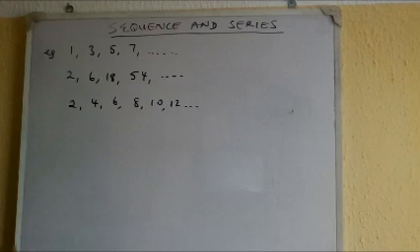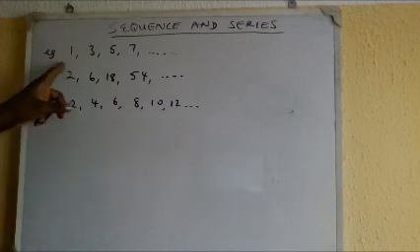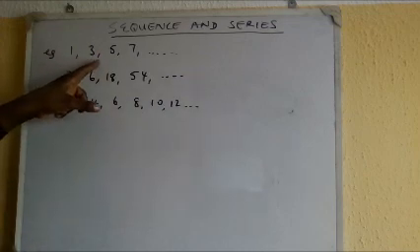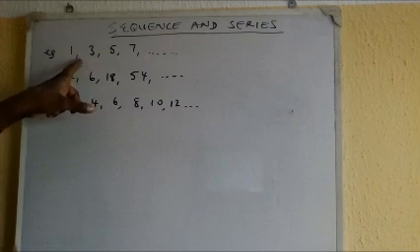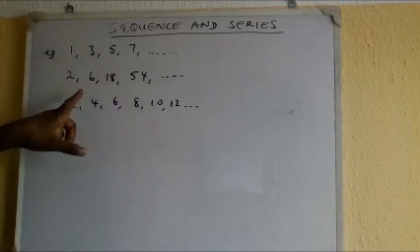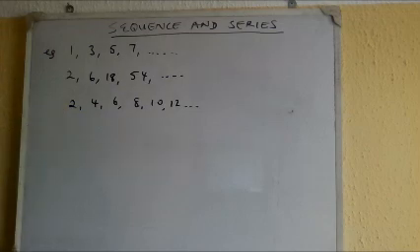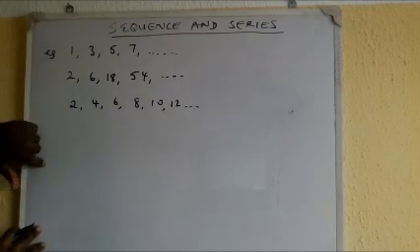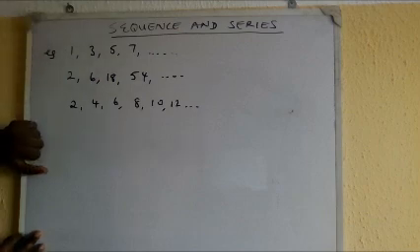But a series is the sum of the terms of a sequence. So if this is a sequence, each term is separated by commas. Now a series will be the addition of all these terms.